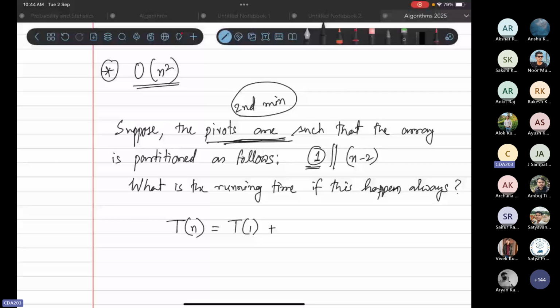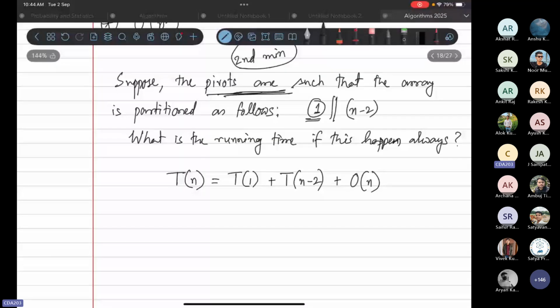It's T of n minus 2. And how much time are you going to take to get this partition done? O of n. Right? So then I can write T of n minus 2 plus O of n. And what is T of 1? T of 1 is just constant. Right? Then we'll have something like this.